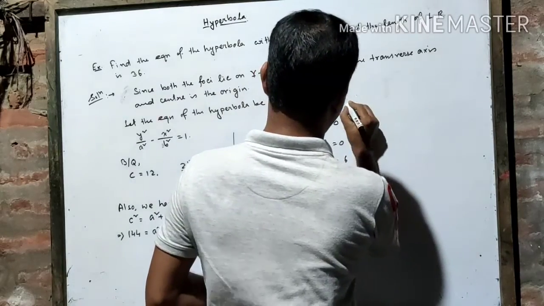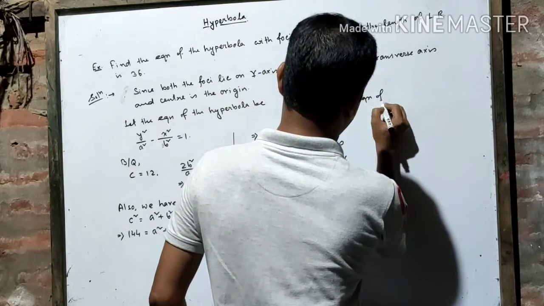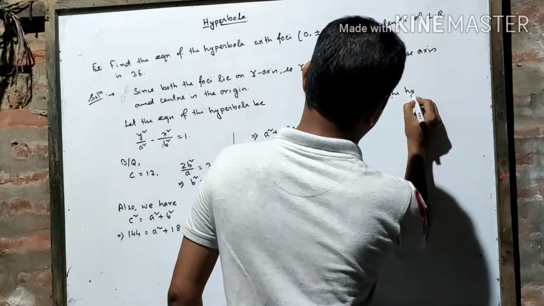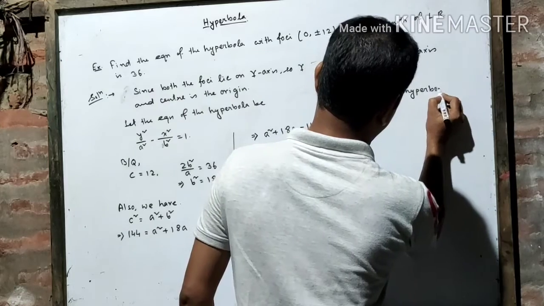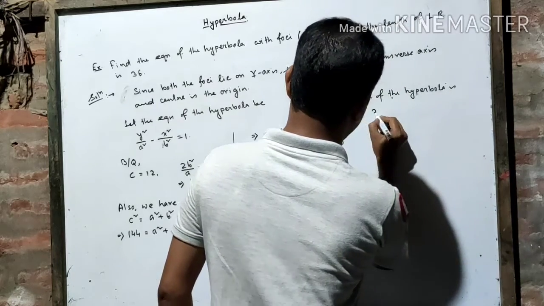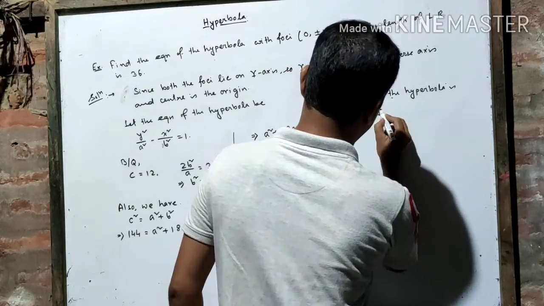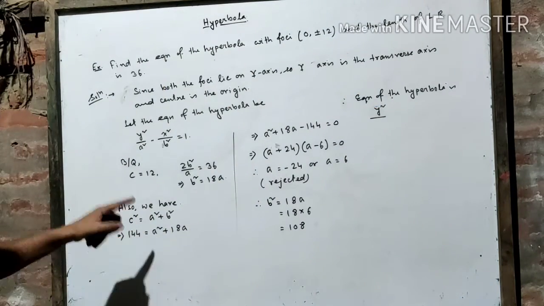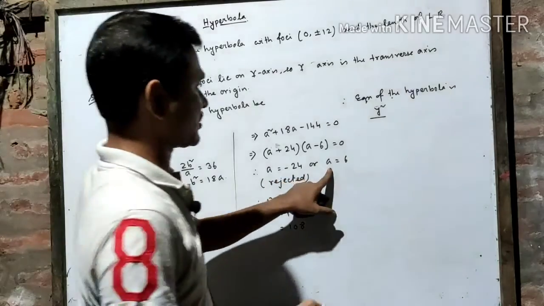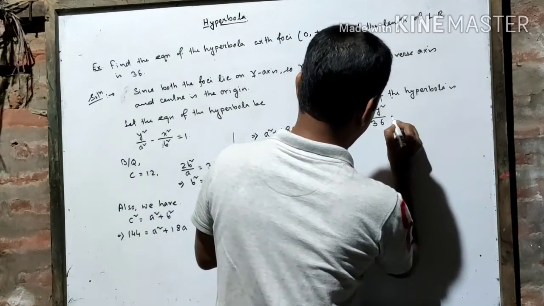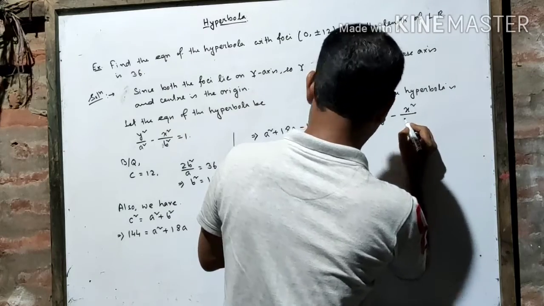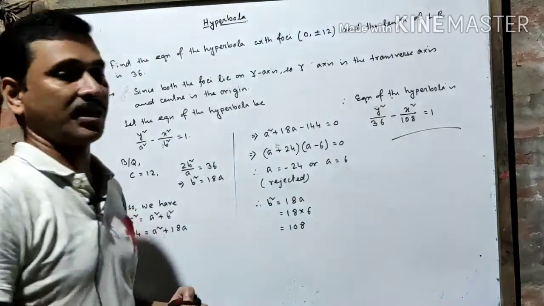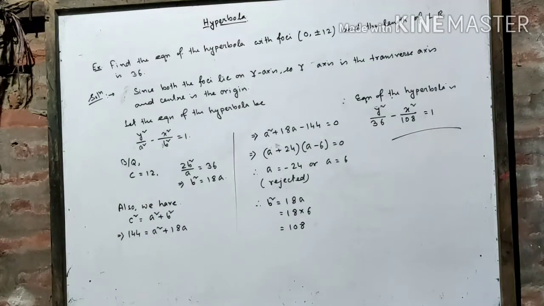Therefore, equation of the hyperbola is y square by a square, which is 36, minus x square by b square, which is 108, is equal to 1. So this is the equation of the hyperbola.